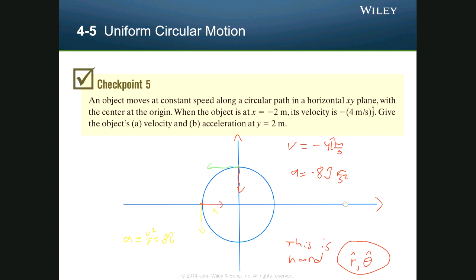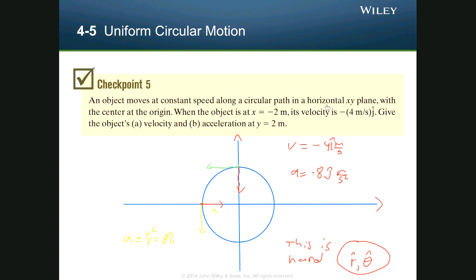I'll take silence as how do we get v? V is given. That's the important thing to realize. Here we have v is minus 4 meters per second, so we can just take the magnitude of this vector.